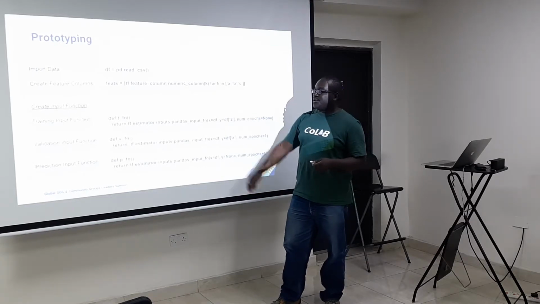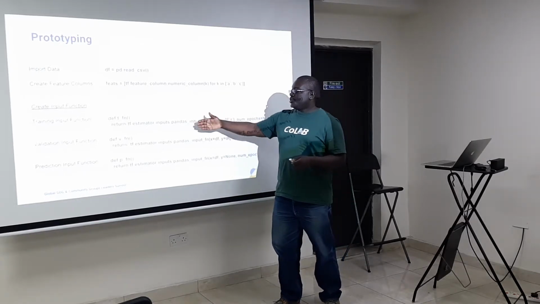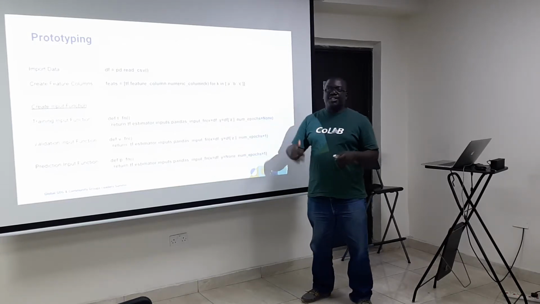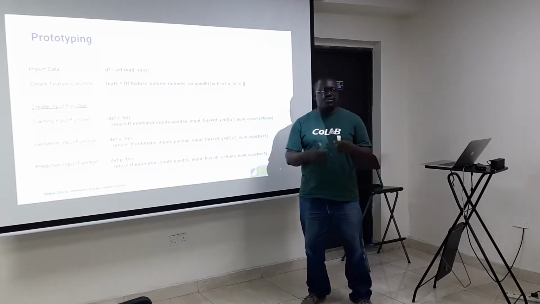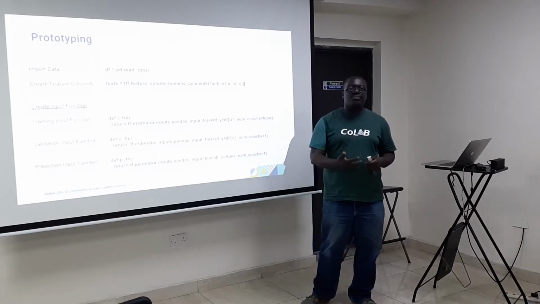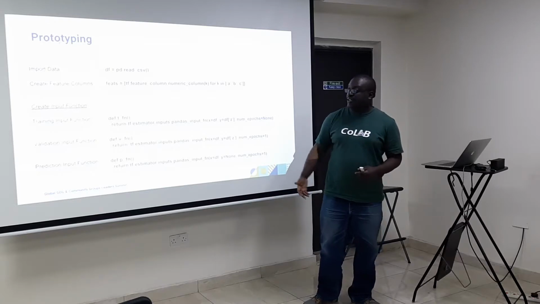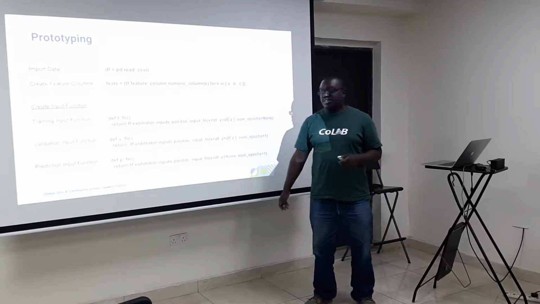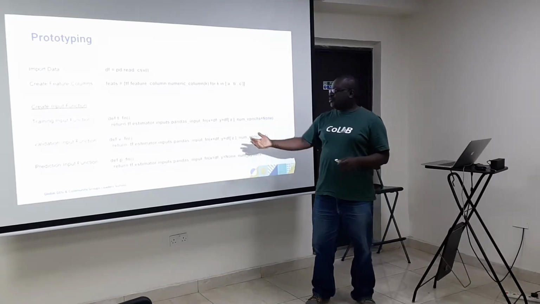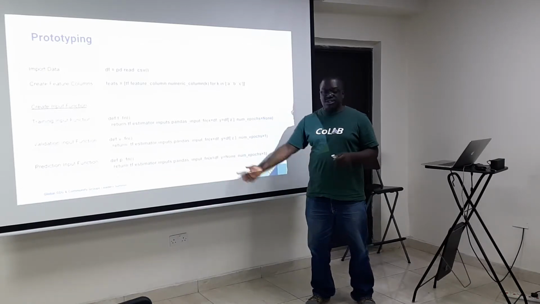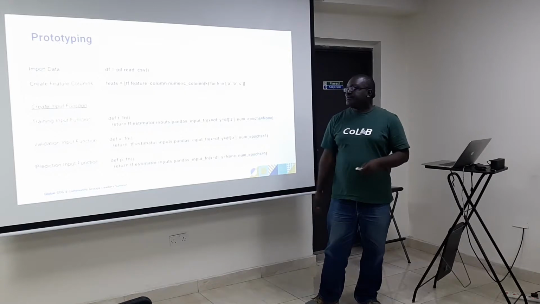So you have your training input function, and you have your validation input function for evaluation, because as you train the model, you need to check whether the accuracy is getting better or not, and that's what the validation input function does. And then if you decide to adopt your model, you're going to need your prediction input function, which is what is used for inference.